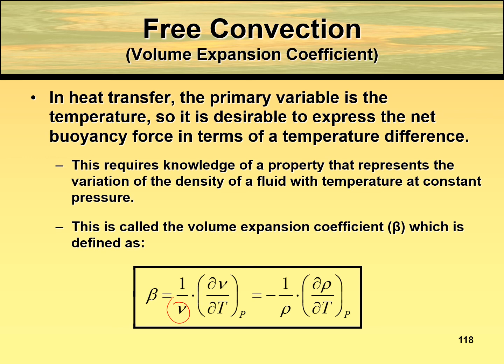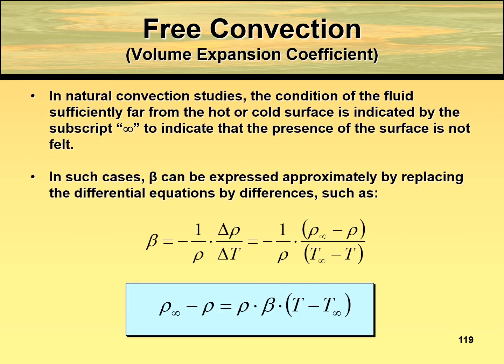For natural convection studies, the condition of the fluid sufficiently far from the hot or cold surface is indicated by a subscript. So this is for the free stream conditions.